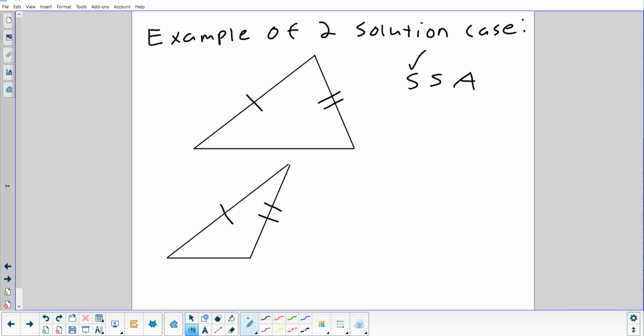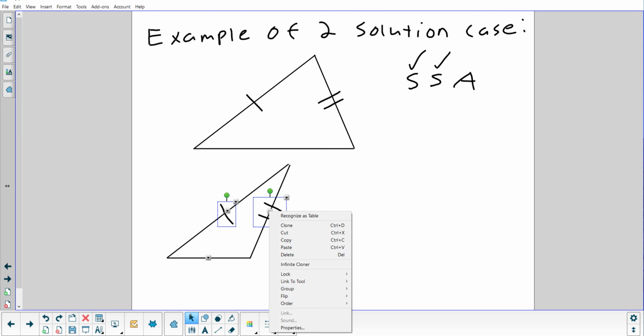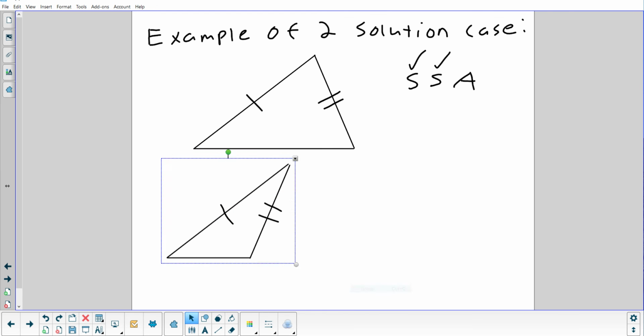And does anybody see, they've got two sides in common. Where is the angle they have in common? Yep, it's at the corner. So the one in the lower left? Yeah. Okay.